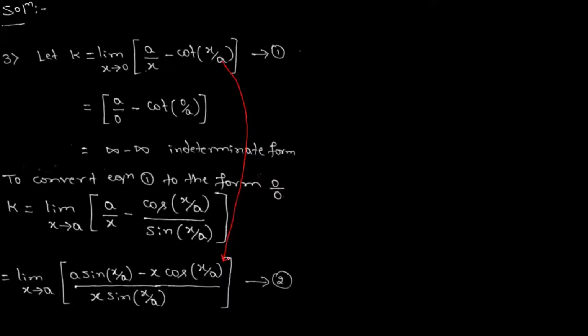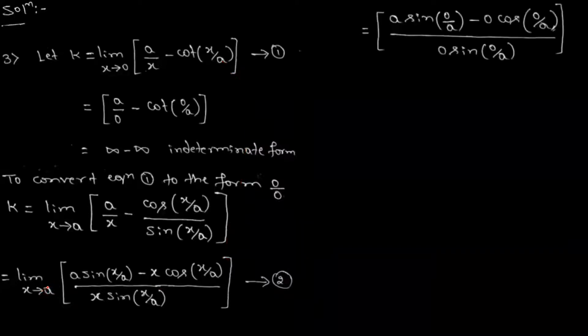Now let us check once again which indeterminate form we will get on substitution of the limit. Here by mistake I have taken a, this is 0, x is tending to 0. Now let us put the limit and check. We have put 0 wherever x is there, in the numerator and in the denominator.